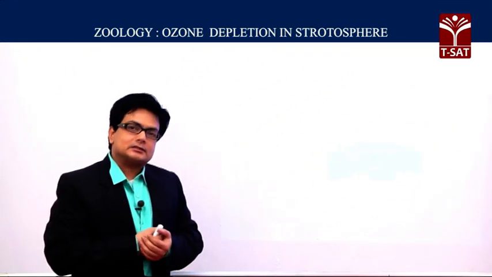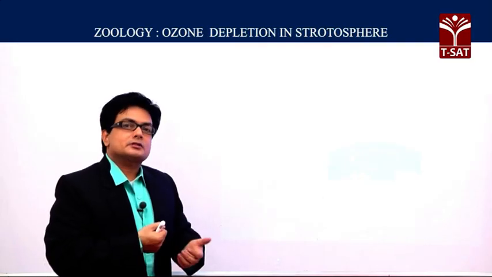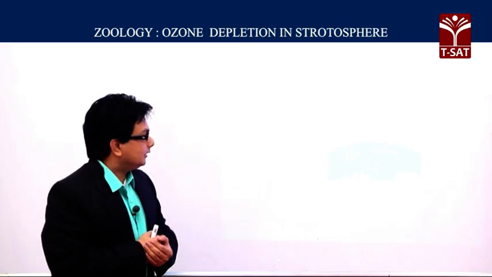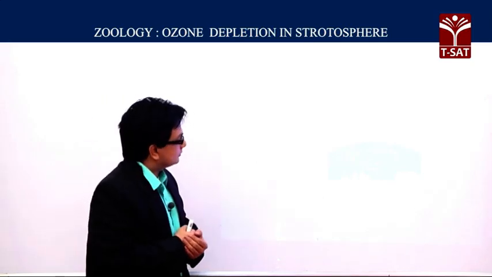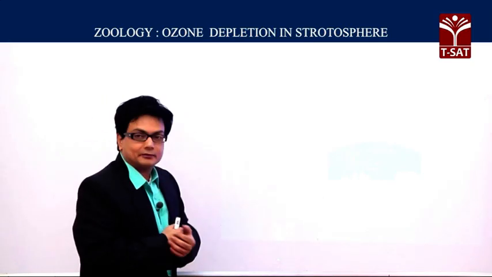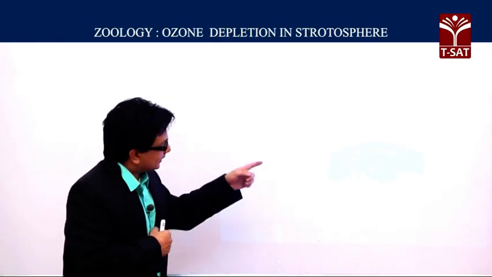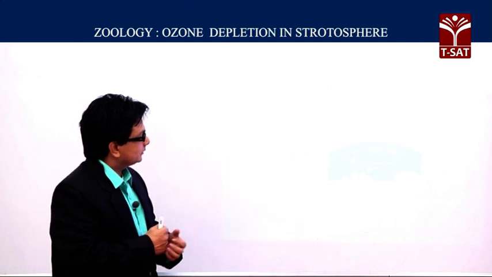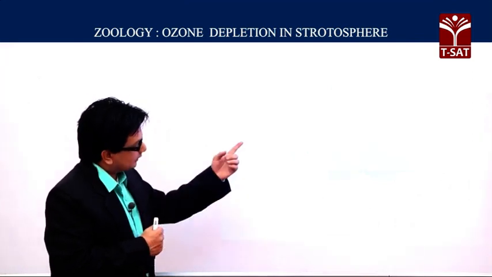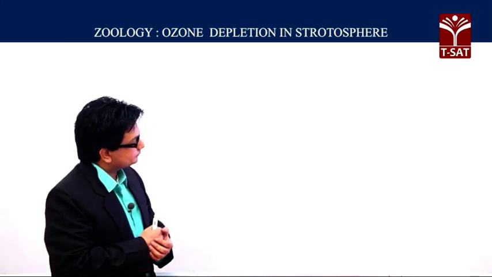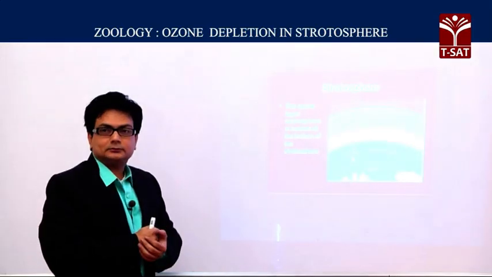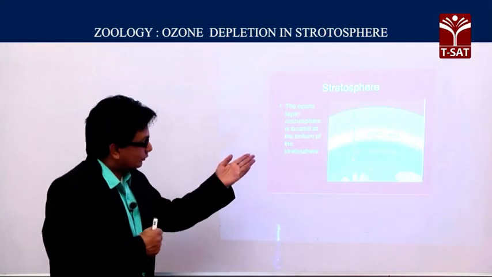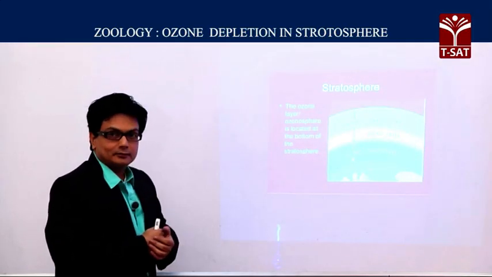Where exactly is this ozone layer which is protecting us from the UV radiation? The Earth's total atmosphere around, as you can see, starts with the troposphere and then the ozone layer and then the stratosphere, the ionosphere, the exosphere, which are of course not depicted there.